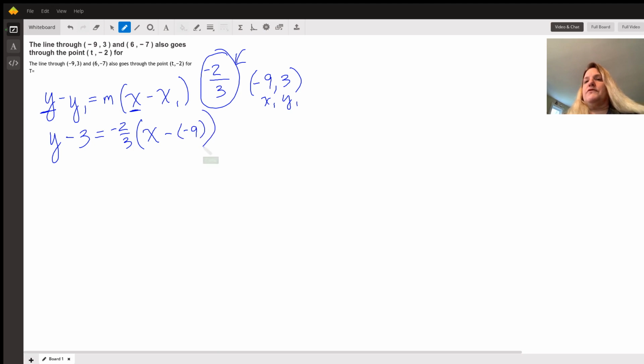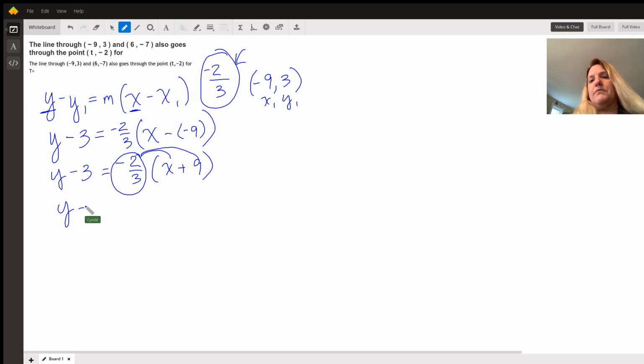So we want to then, first of all, fix the x minus -9 because we don't really want 2 signs in there. So first thing I'm going to do is fix that. So x minus -9 becomes x plus 9. So now if I distribute the -2/3 into these parentheses here, I get y minus 3 equals -2/3 x minus, and if I multiply -2/3 times 9 over here on the side, I'll show you that.